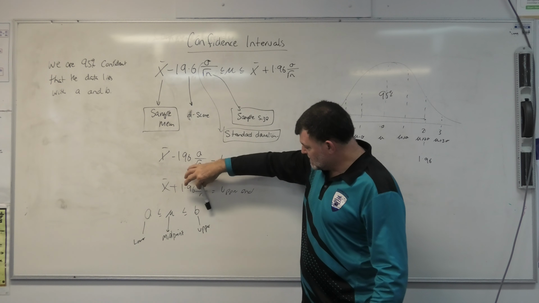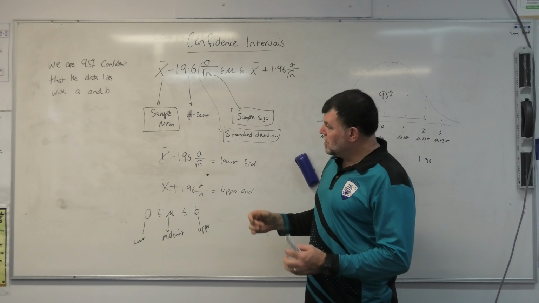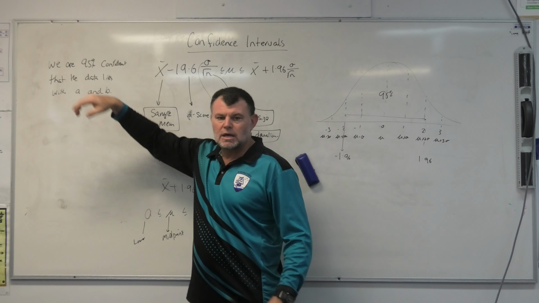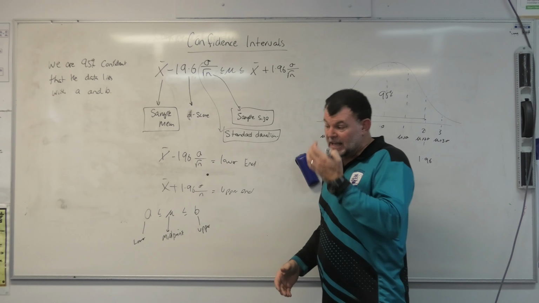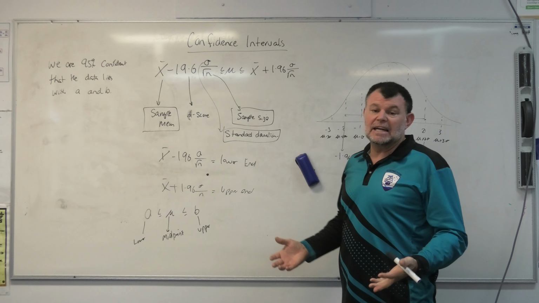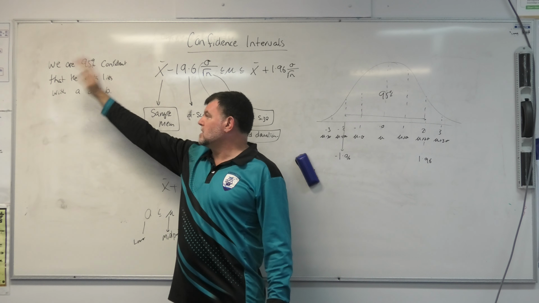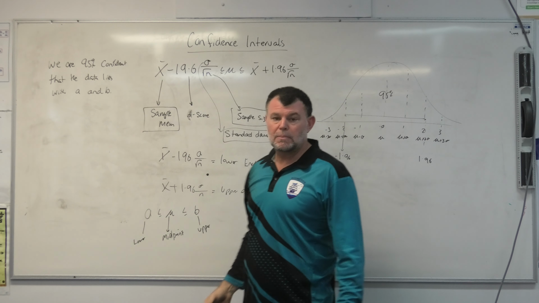Because I don't have the context of the question, I'm just writing it as data. For instance, if you're looking at the weights of cats, you would say we're 95% confident that the weights of cats lie between whatever A and whatever B represents.